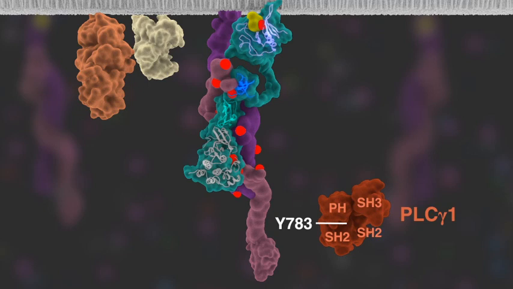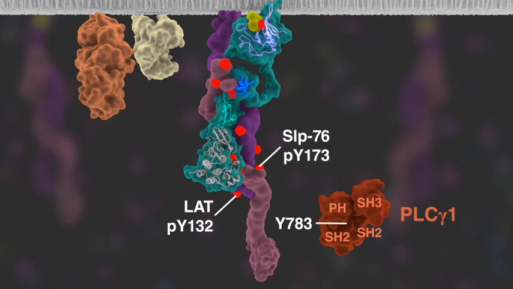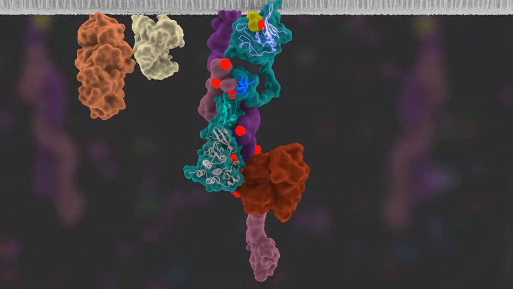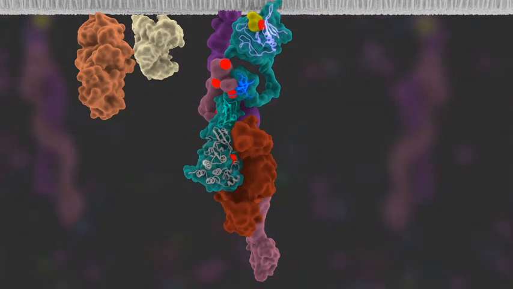The first SH2 domain of PLC-gamma-1 binds to phosphotyrosine 132 on LAT, and the second SH2 domain binds to phosphotyrosine 173 on SLP76. These interactions serve to open the autoinhibited PLC-gamma-1 structure to reveal the ITK substrate tyrosine 783, as well as the docking site on the second PLC-gamma-1 SH2 domain that ensures specificity in the phosphotransfer reaction.